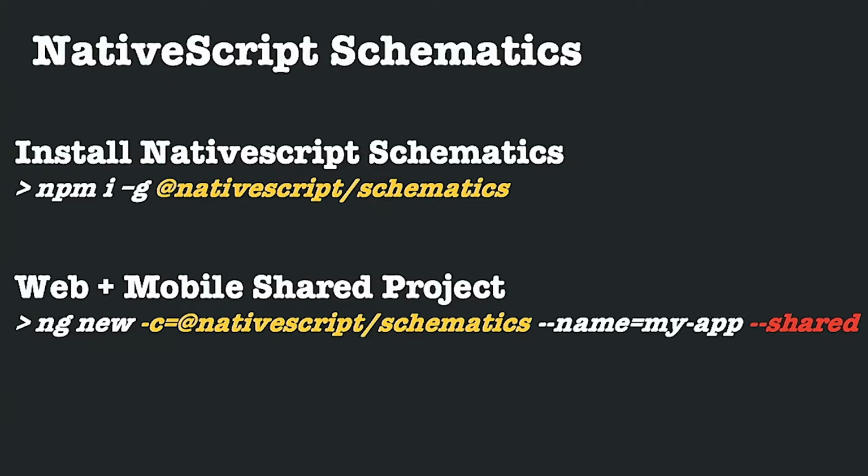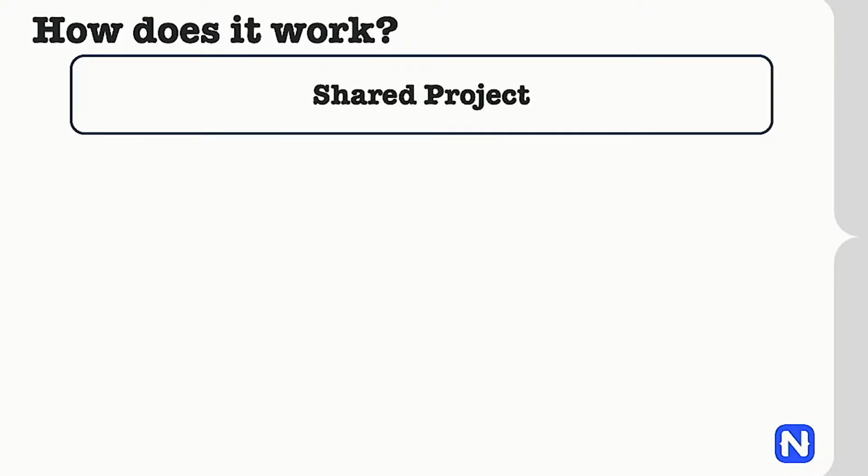All you have to do is call ng new --collection=@nativescript/schematics, provide the project name, and then say just --shared. And then this will scaffold you a new project that already is ready to build both web and mobile projects, which is pretty cool. So how does the build work?